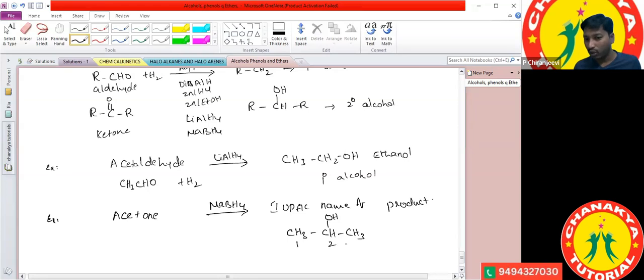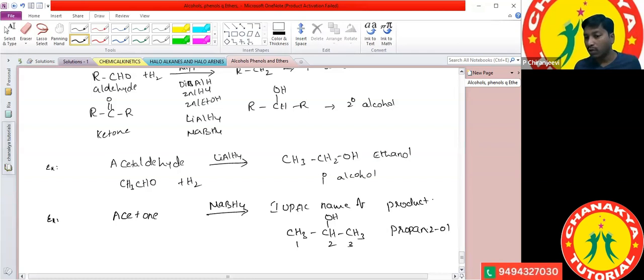So 1, 2, 3. The root word has 3 carbon atoms. With 3 carbon atoms, the root word is pro. The given compound is a saturated compound and ane is the suffix. And we have a secondary suffix. What is the secondary suffix? It is the alcoholic functional group. What is the position of the alcoholic functional group? The second position.